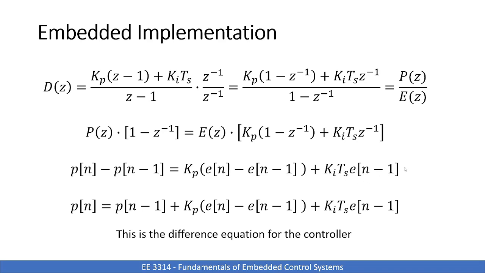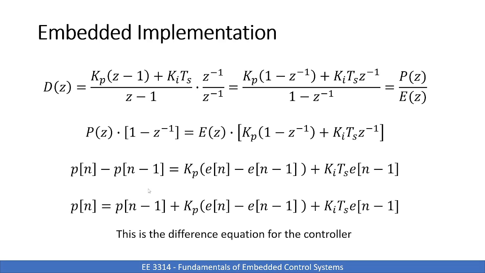Okay, and then the next step, we're just solving for p(n). This is our output of the controller, given the previous output of the controller, plus kp times the difference in the error from this iteration and the last iteration, and then plus ki Ts times the previous error. So this is really the difference equation that we're going to implement in the controller.